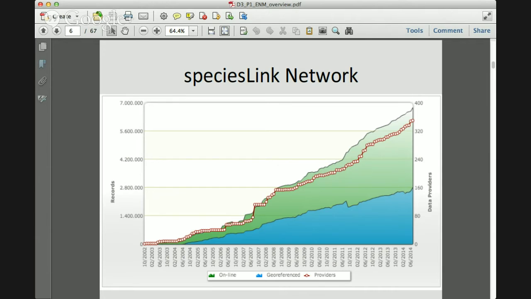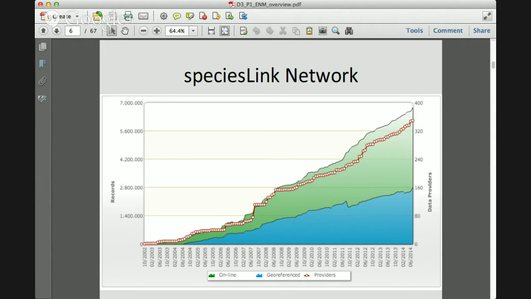This is an example from Brazil with the speciesLink network. This is just to show you the huge accumulation of occurrence data. Along the left y-axis, you can see the number of records in the speciesLink network.